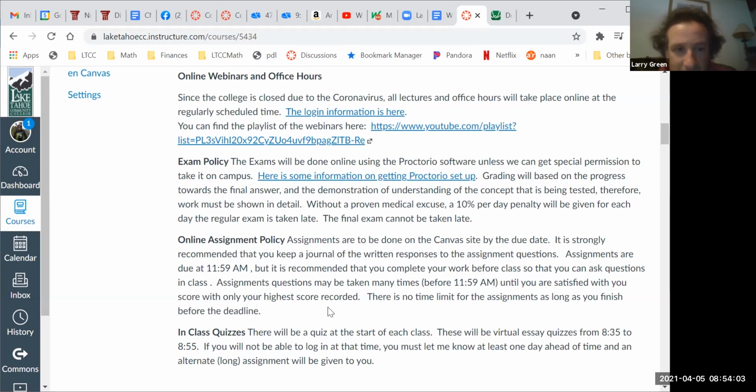Assignments are due by the due date. So the assignments are due a little after class. Don't start your assignment right after class because you won't have time. But what I do is that way, if you work on the assignment, but then there's a problem or two that you get stuck on, you don't know how to do, and you can't figure out, then ask it in class.